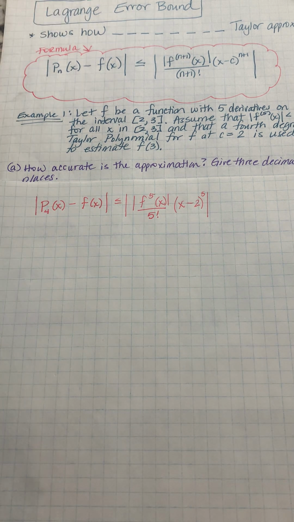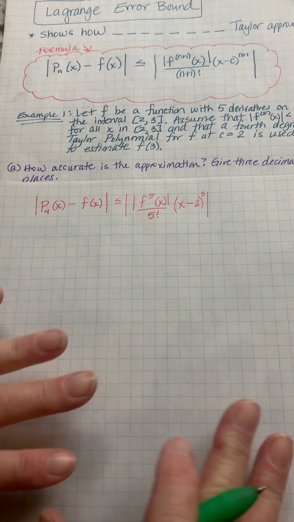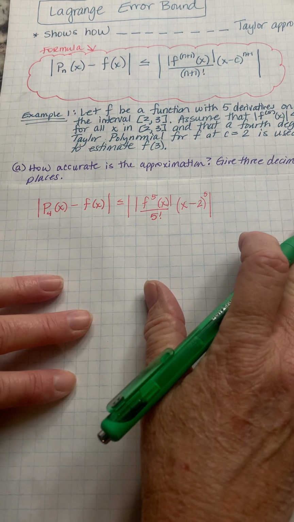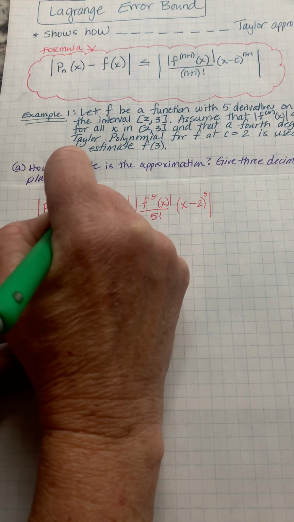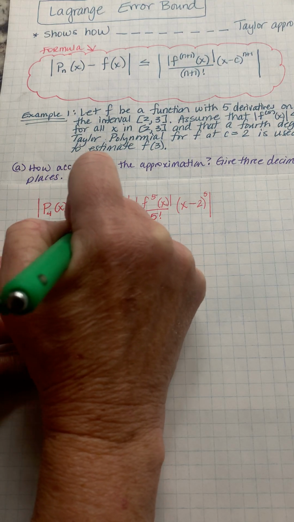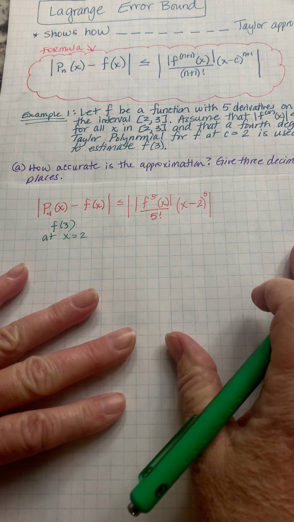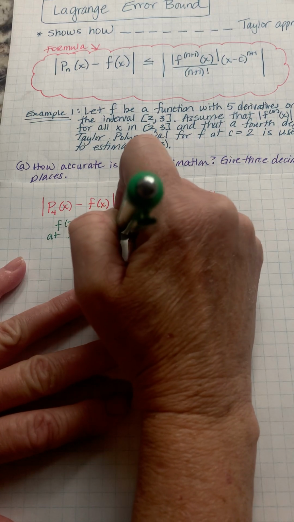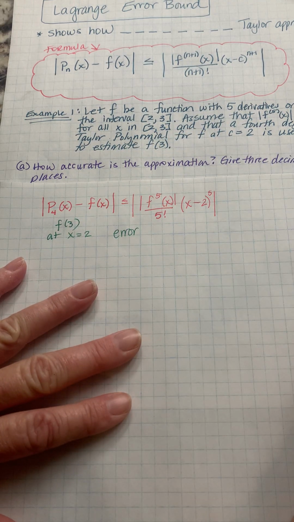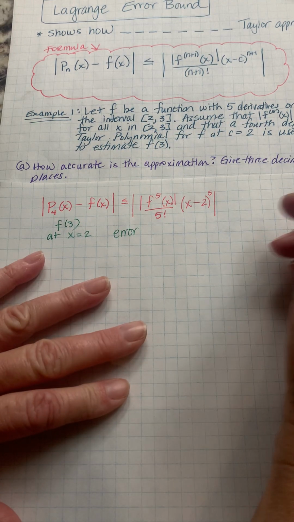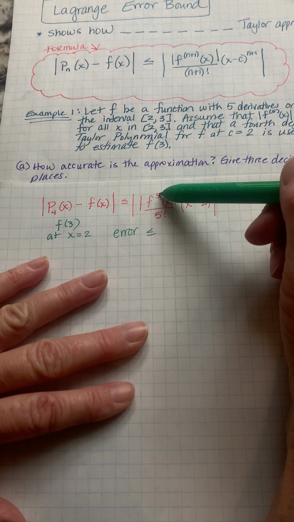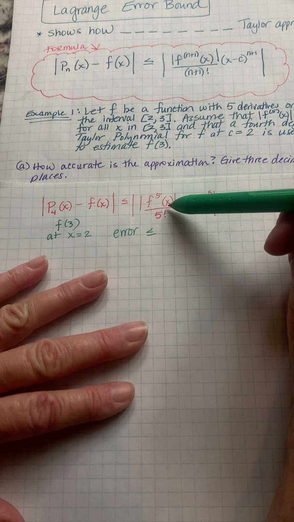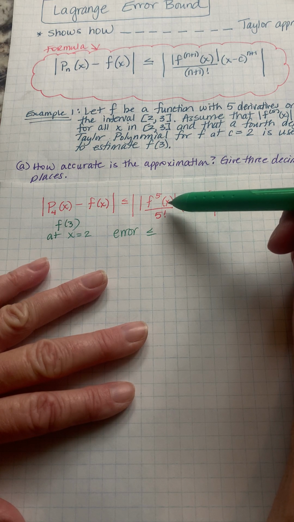Okay, now we're going to plug in what they asked us. They said f of 3 at x equals 2. Right, that's what they wanted. So our error for Lagrange is going to be less than or equal to the 5th derivative of x.